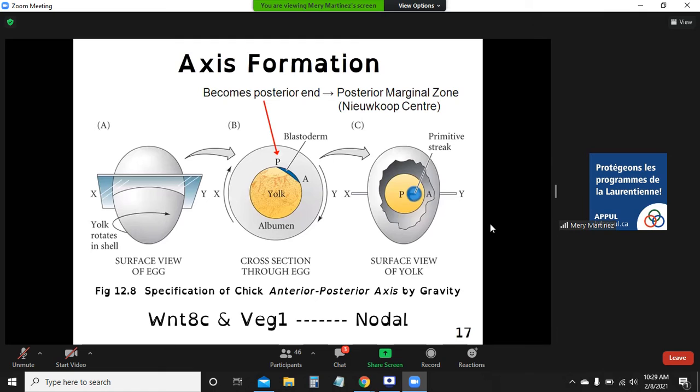And that zone is also going to have the production of Vg1, another factor that we have seen before, that is also part of the TGF-beta superfamily. Together, WNT8C and Vg1 induce the expression of nodal. Nodal is another old friend that we have, right? A member of the TGF-beta superfamily in this embryonic epiblast in here. So next to the Koller's sickle.